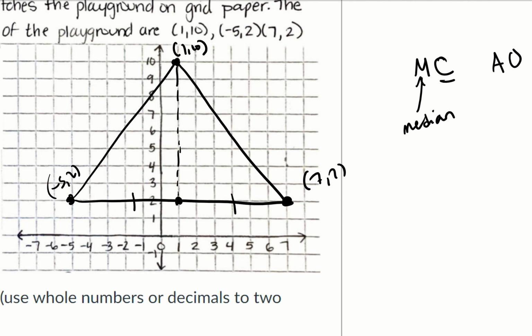Okay, so remember, the median cuts the segment in half, so that means we need to figure out the midpoint. But we already know the midpoint of this segment. The midpoint of this segment we found earlier was 2, 6, and therefore we can reuse that here. All right, so now I'm going to draw my other median the best I can.